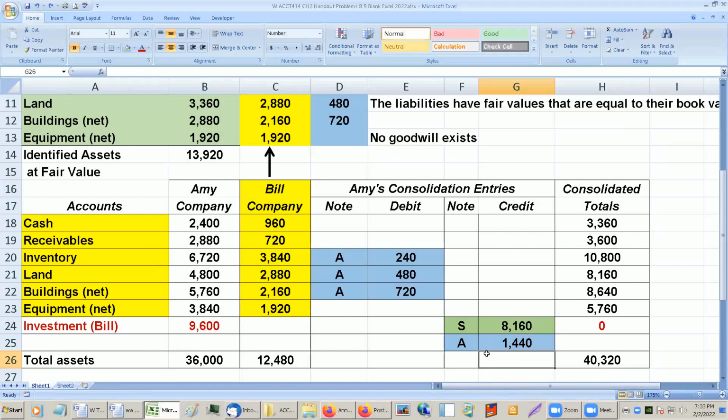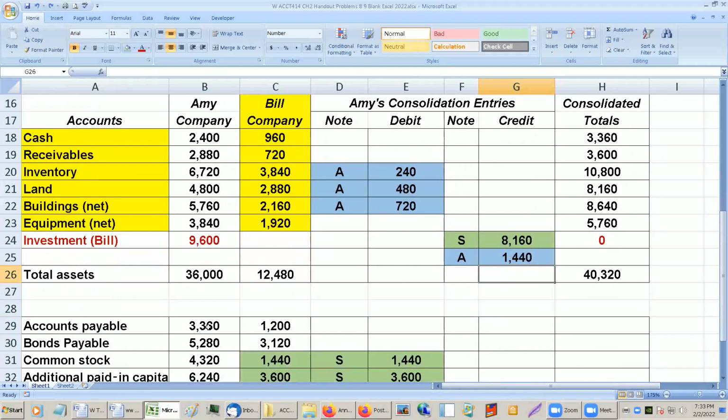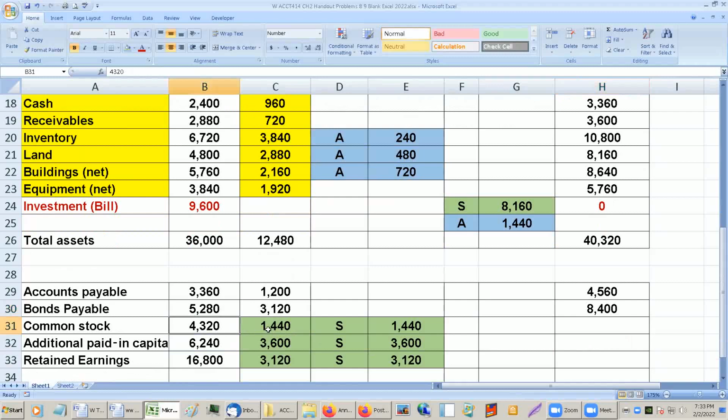Okay, and coming down here, we have accounts payable of 3360 plus the 1200. So the total accounts payable for both companies is 4560. Bonds payable is the same. Now this is where it gets tricky because you could take this plus 1440 minus 1440 and you'll end up with just these numbers over here.